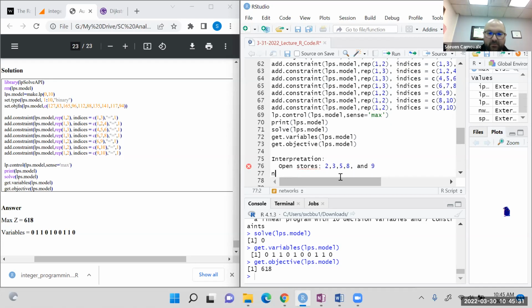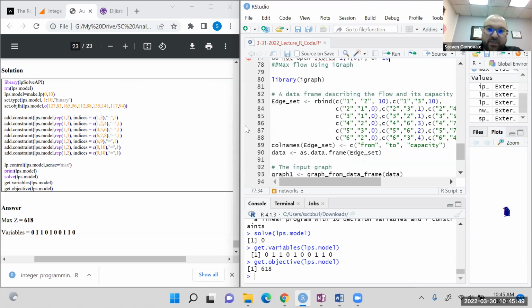Similarly, do not open stores 1, 4, 6, 7, or 10.